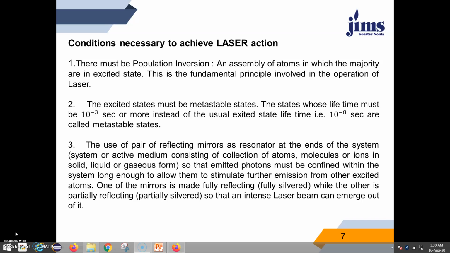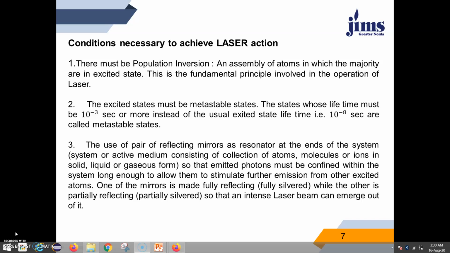One of the mirrors is made fully reflecting, that is fully silvered, while the other is partially reflecting, that is partially silvered, so that an intense laser beam can emerge out of this partially reflecting mirror.